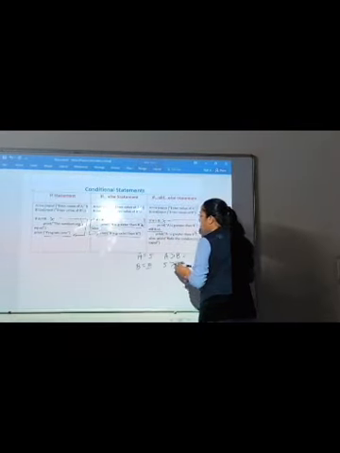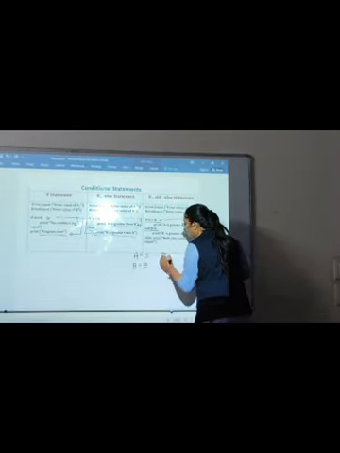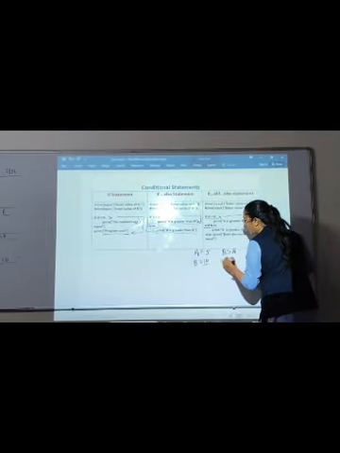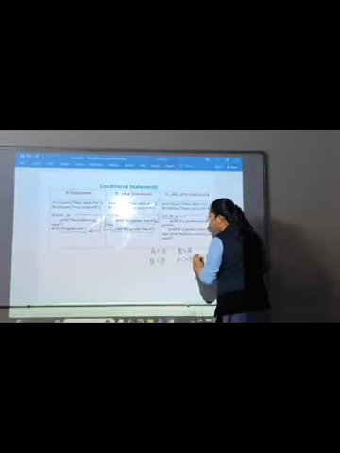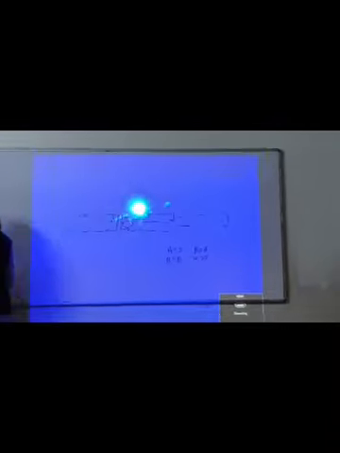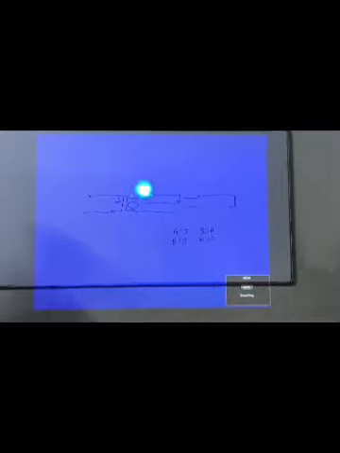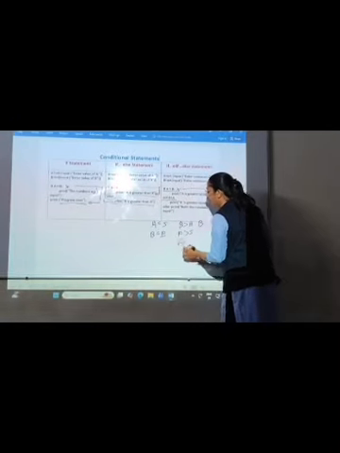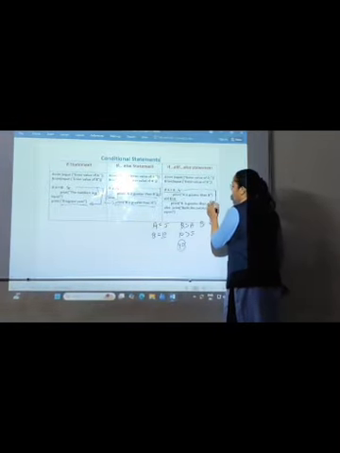Is b greater than a? Our b is 10, greater than a, which is 5. Is 10 greater than 5? Yes, here our condition is true. So b is the greater value.